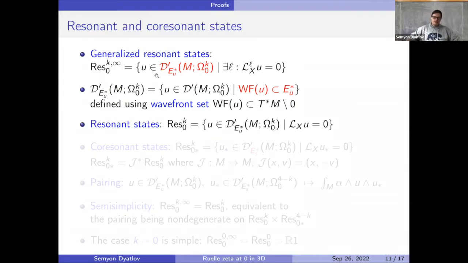All right, so now we need to understand these generalized resonance states. Now, how do we do it? If you're teaching a linear algebra course and you need your students to compute the Jordan normal form, how are they going to do it? Let's say your matrix is already nilpotent.